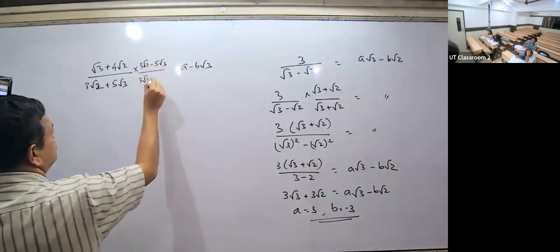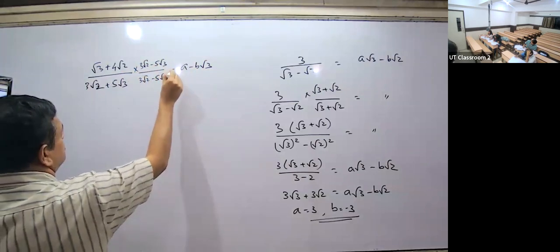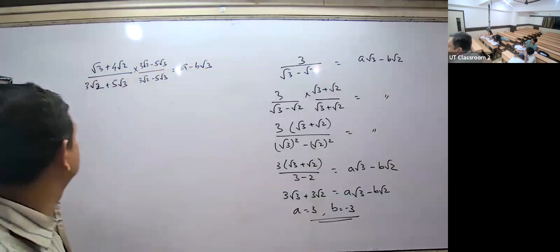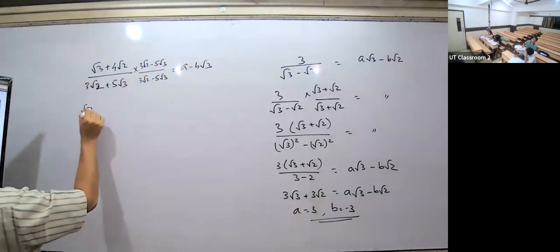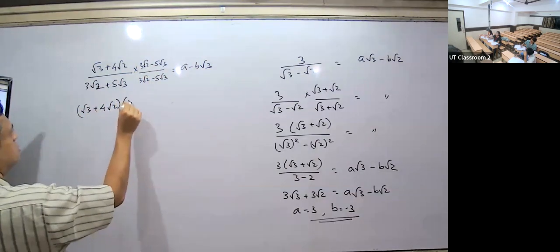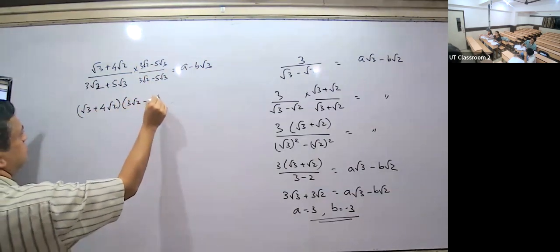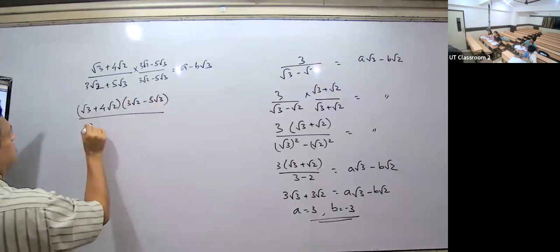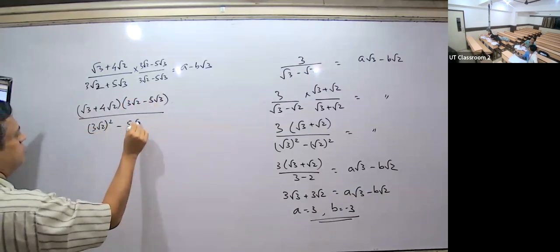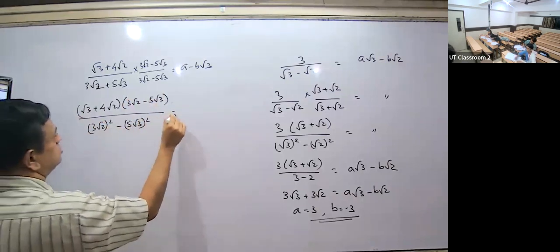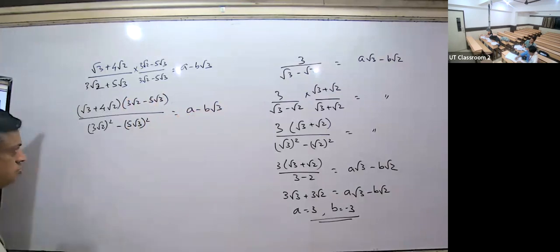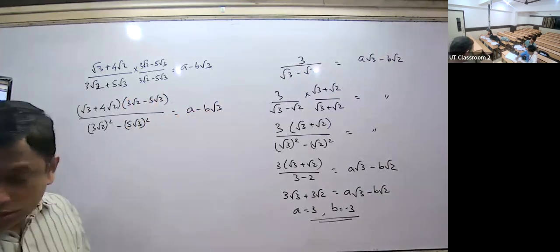Same process. This is a little complicated. Root 3 plus 4 root 2 times 3 root 2 minus 5 root 3 upon 3 root 2 the whole square minus 5 root 3 the whole square, equal to A minus B root 3. Hope you got it, all of you. Good. Time over.